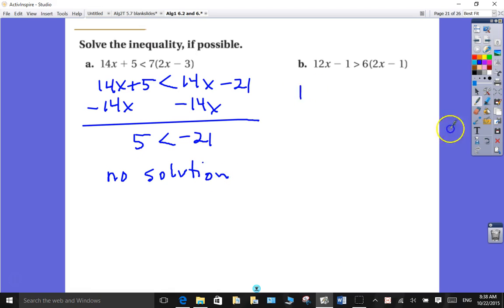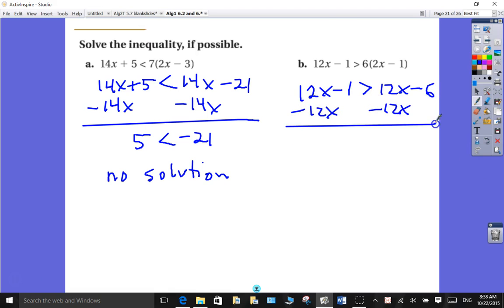Okay, the other one, how do you think that'll work out? 12x minus 1 is greater than 12x minus 6. Subtract 12x. Subtract 12x. Negative 1 is greater than negative 6. So no variable, either always true or never true.